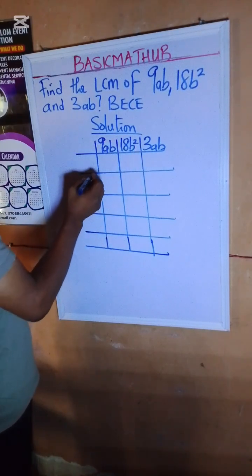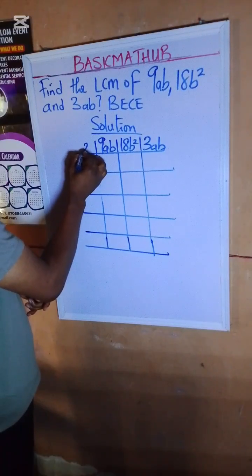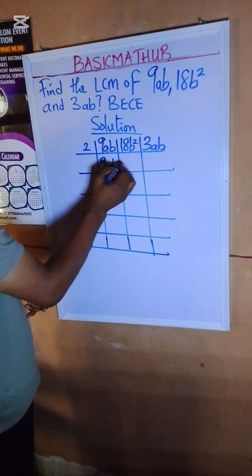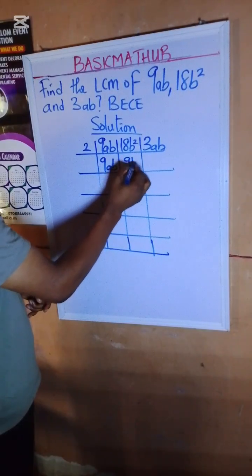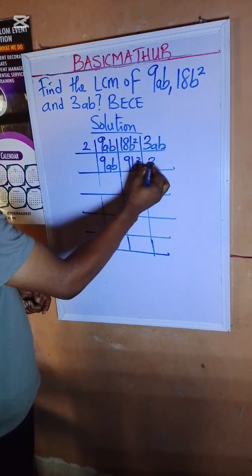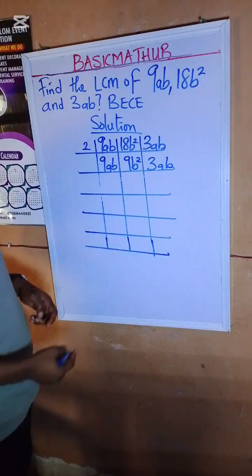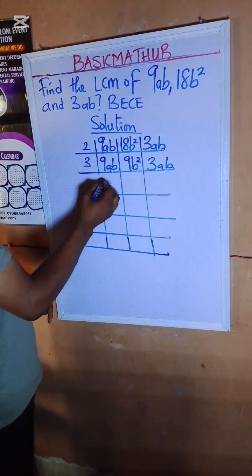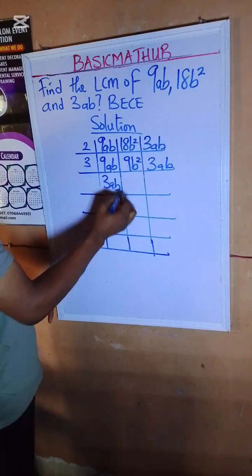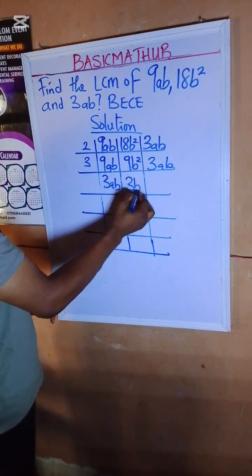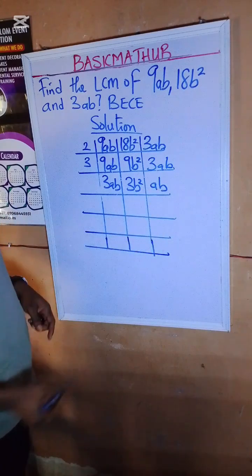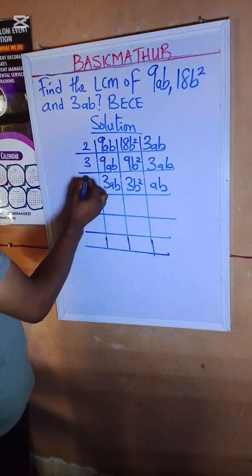The numbers, if you look at this very keenly, you see 2 because of this 18. So that's 9AB, we are repeating the others, 9B squared, and 3AB. Let's deal with the numbers now. 3, so that's 3AB, and this is 3B squared, and this is AB. 3 could still do here, so that's 3.